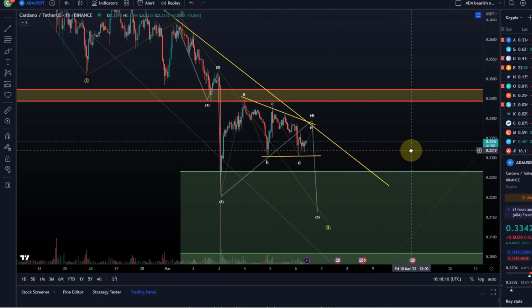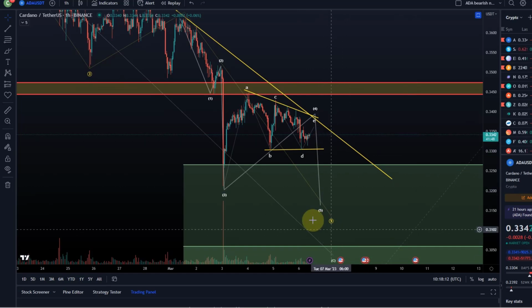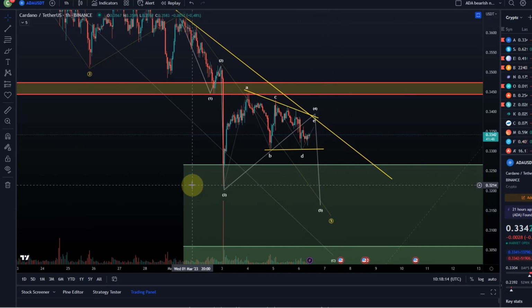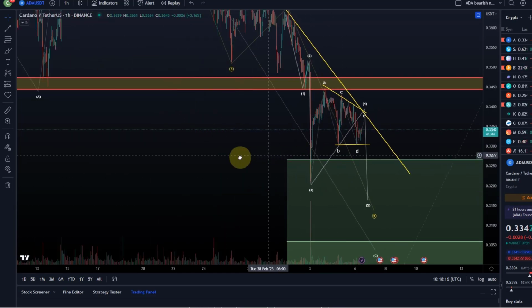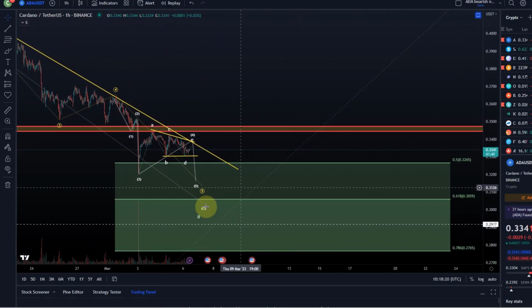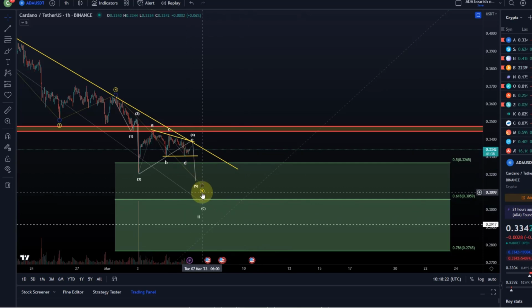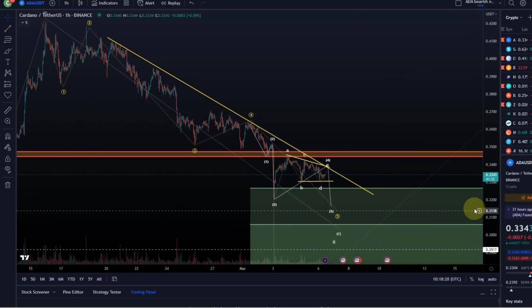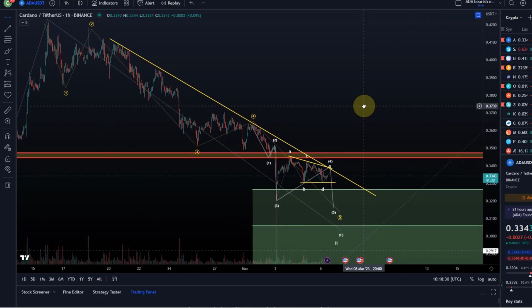But if it does, then we could look at another dip, certainly below the 32.1 cent level. And anybody who would then like to get ADA, obviously this is the support area where eventually I would expect ADA to turn around, and an obvious target would be the 61.8 fib retracement, the 30.6 cent level, the so-called golden ratio.